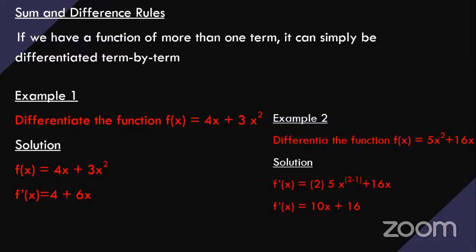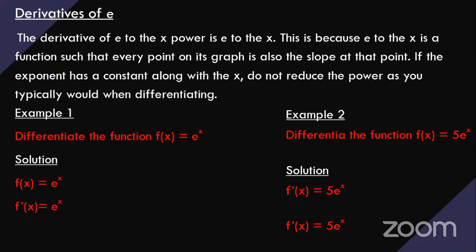Let's also consider the derivative of e. The derivative of e to the x power is e to the x. This is because e to the x is a function such that every point on its graph is also the slope at that point.